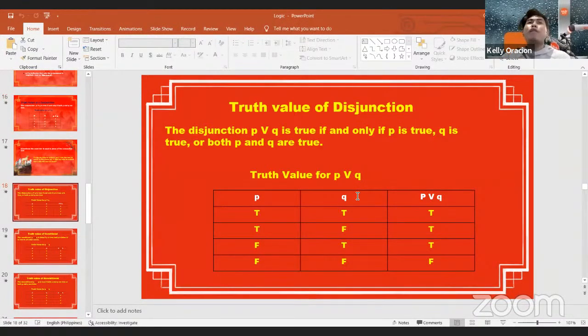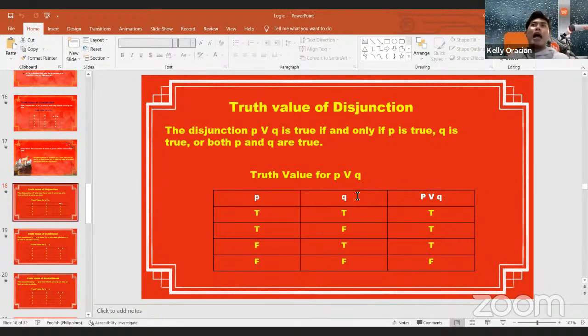The next statement we have is disjunction. The connective used for disjunction is or, and the symbol being used is the letter V. And take note, in the disjunction, the statement is true if there exists at least one true among P and Q. Even if only one of the two is true, automatically the whole statement is true.